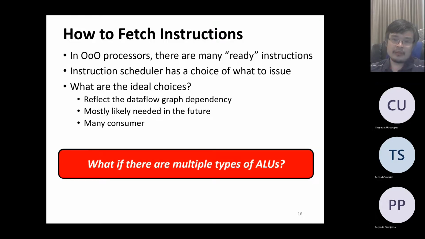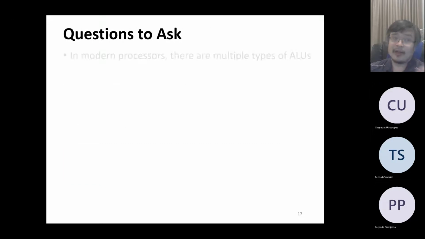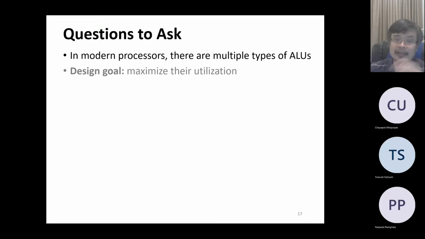But the question is, what if there are multiple types of ALU available, right? I have like 2 adders and 4 multipliers, for example, then what do I do? So the question to ponder in modern processors, there are a lot of ALUs available, right? And our design goal should always be to maximize the utilization, right?